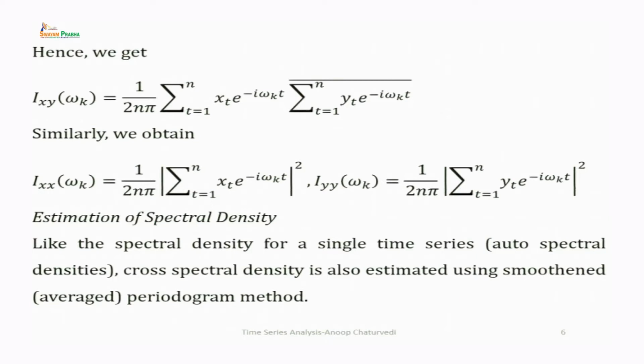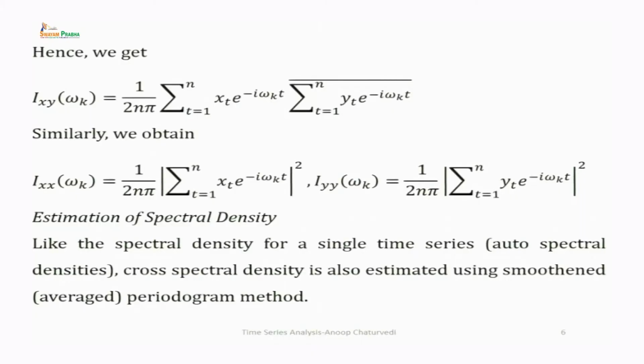Now, in practice, how do we estimate the spectral density? Just like the spectral density for the single time series, or these auto spectral densities, cross spectral density is also estimated using smoothened or averaged periodogram method. Remember, for estimating the spectral densities of a single time series, how do we proceed?